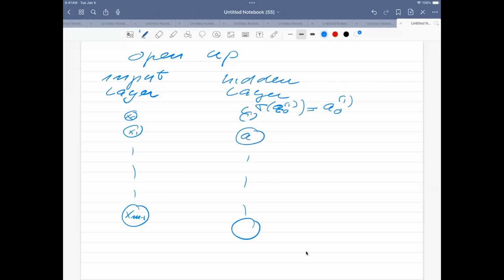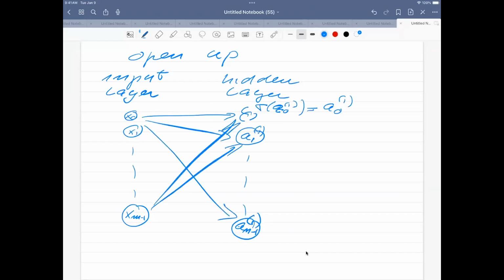So here I could now have A1 of layer 1. And here I could have A n minus 1 of layer 1. And these are all connected. Etc., etc.